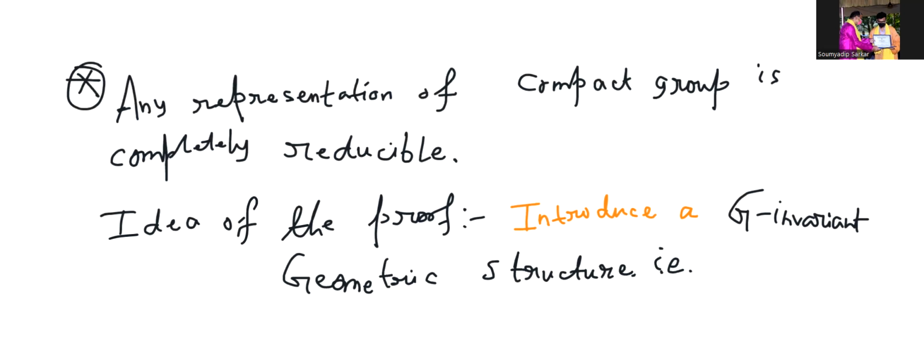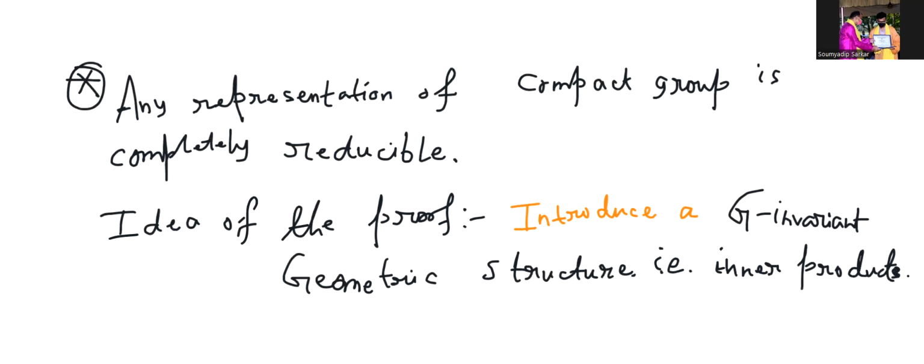And how can you introduce such concepts? You basically introduce the inner product, right? The inner product gives you the notion of length, distance, angles, and so on. So the idea of the proof is to introduce a geometric structure, that is an inner product, which is also G invariant.